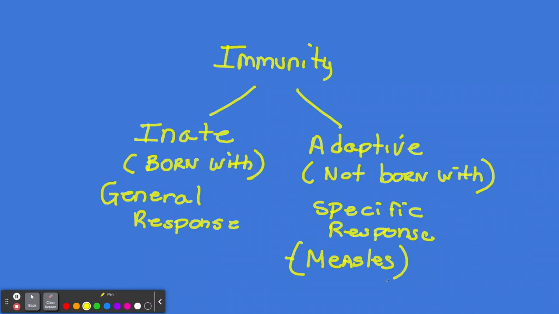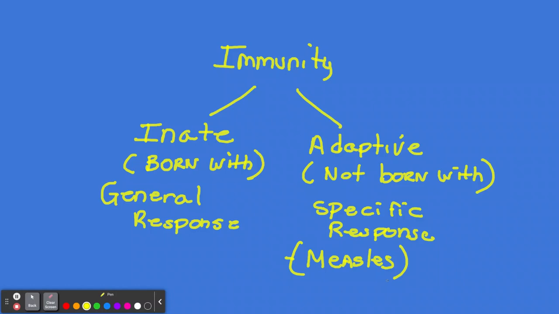And so it's a specific response. In this case, the virus for measles, your body created an antibody. So it's creating antibodies. So in the future, if you get measles again, what comes into your body will already have it planned. So you get this virus, you recover from it, your body makes antibodies, and that will protect you for life.